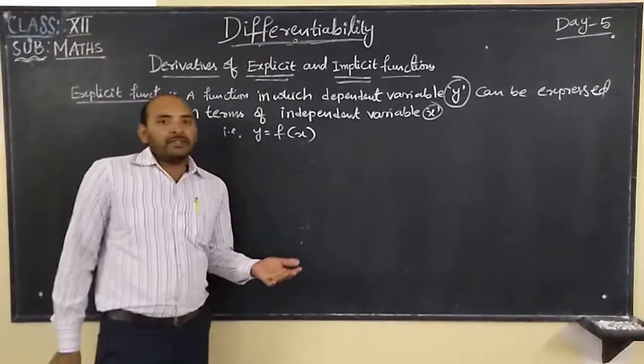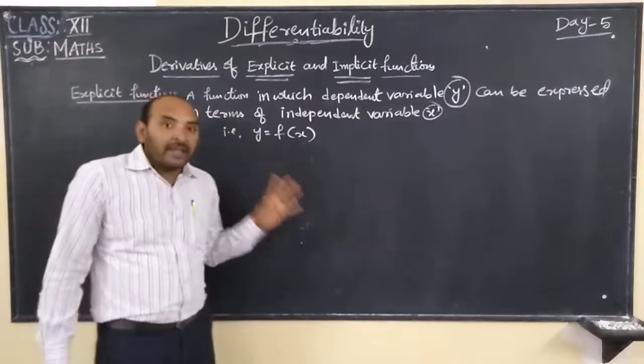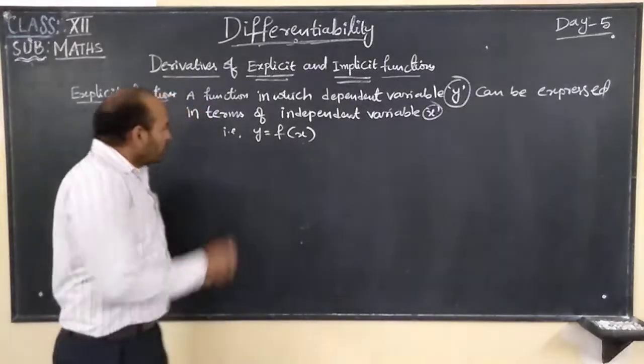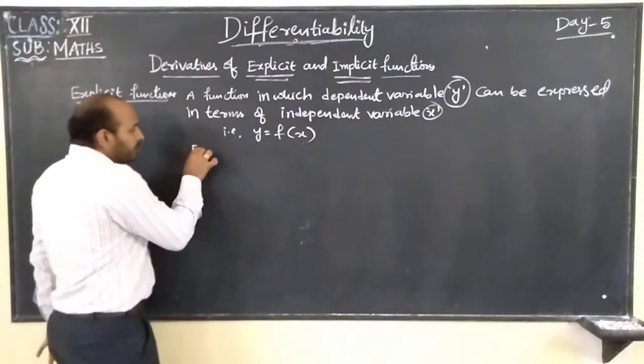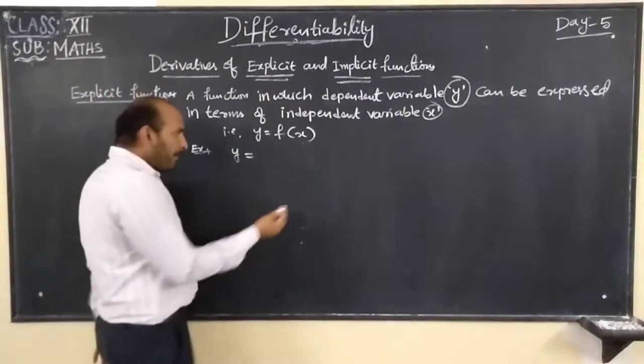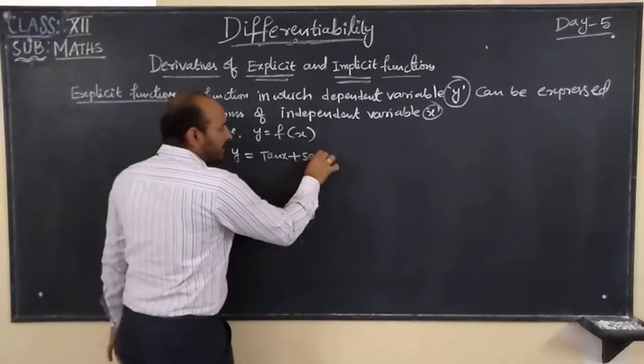In the last videos we observed some functions clearly. Those functions must be in the form of x variables. For example, y is equal to tan x plus secant x.